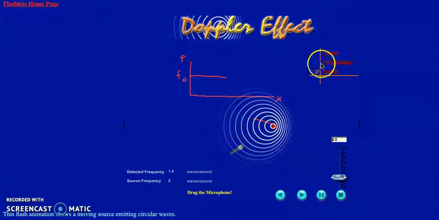So in terms of the graph, what we have is when it was coming towards us, in other words, actually, this is probably going to mess this up. Yeah, didn't want that. Ignore that red line. So when the microphone is here, in other words, when the source is moving toward us, we heard a higher frequency, higher than the original.